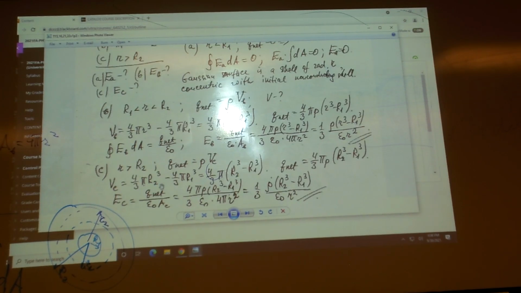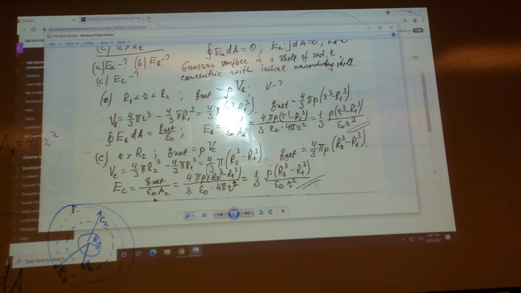So difference of volumes of two spheres, you see. Net charge, then you multiply just by charge density. And with that, you can find the EC, so field in the area C. Last question. And that would be the answer.